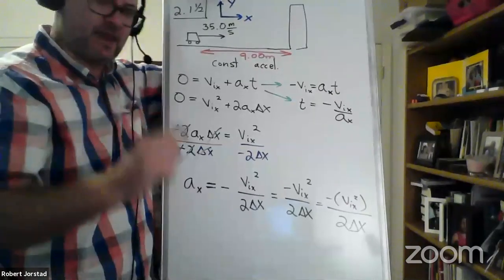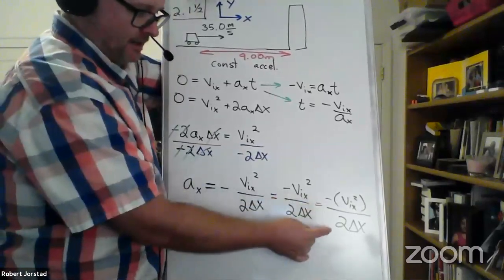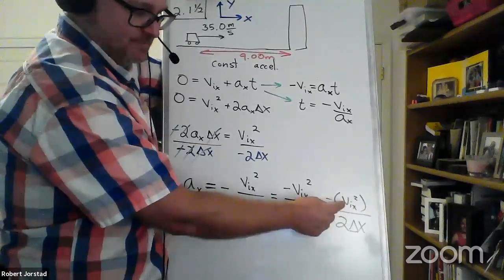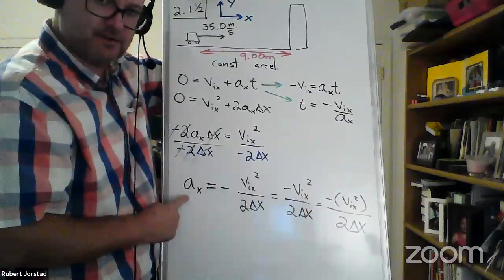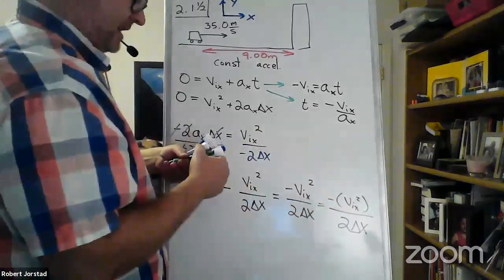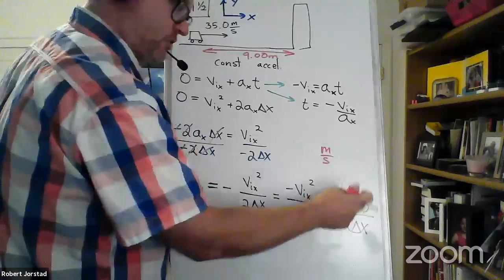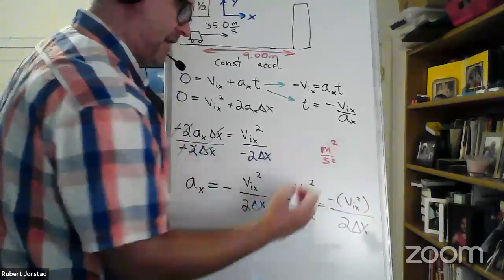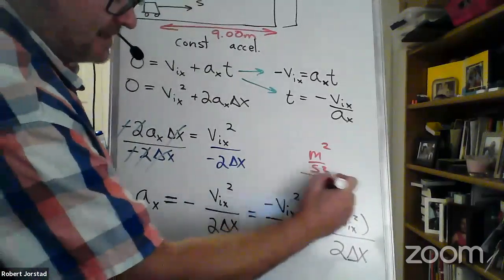I'm feeling good, and I'm on the wrong view. Let me do that again. Sorry about that, live stream. So here we get to plug in numbers. This is positive, positive, positive. I should get a negative number for acceleration, which then means I'll get a positive number for time. The units are going to be meters per second, squared, and then I'm going to divide that by meters.